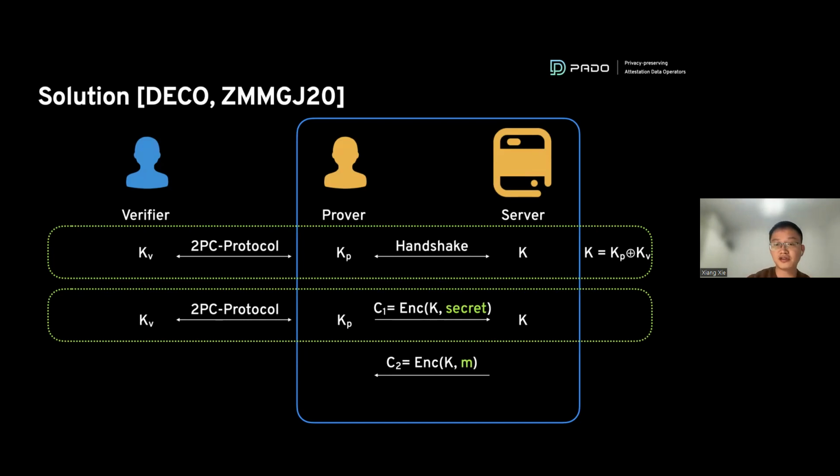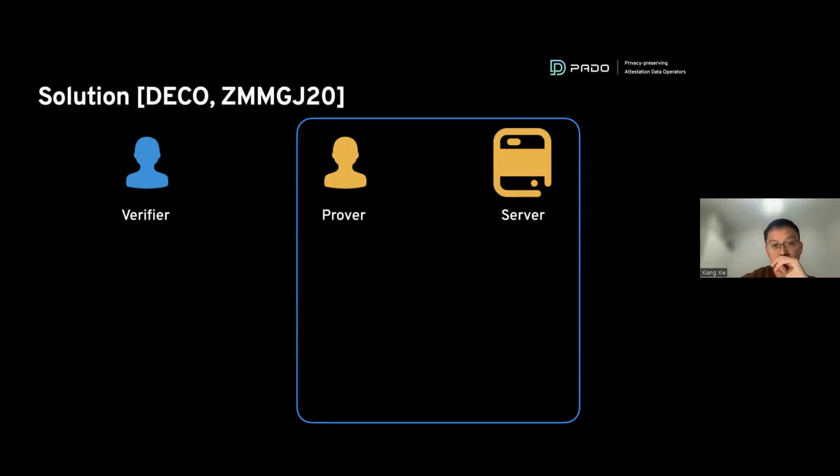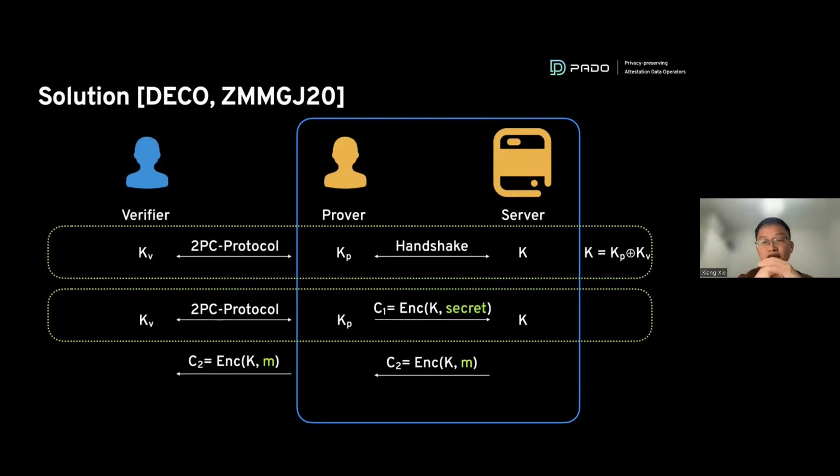And then the server will send back a response in the ciphertext C2. The key part here is that the prover now forwards the ciphertext to the verifier as a commitment, which means that after this step, the prover cannot change the ciphertext anyway.